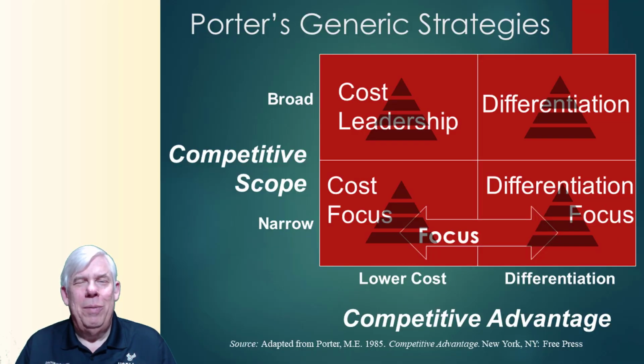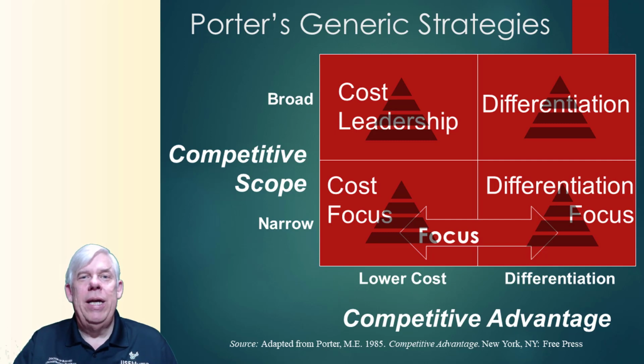Although Porter is most commonly referenced for his 5 forces model, if you actually read his books, the principal thrust involves the notion that there are certain generic strategies, and you can really look at these as peaks on a fitness landscape. What he argues is that you can have a broad or narrow competitive scope, and you can compete based on cost or differentiation.